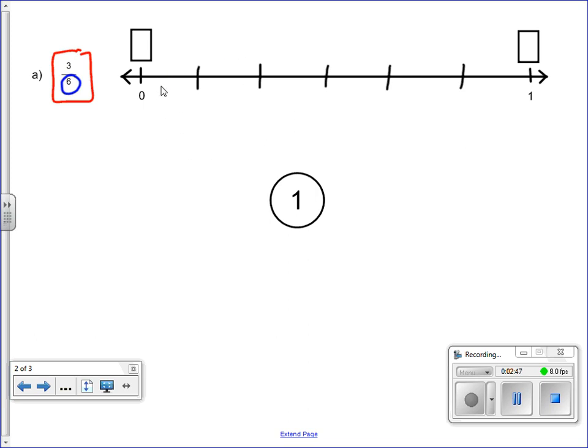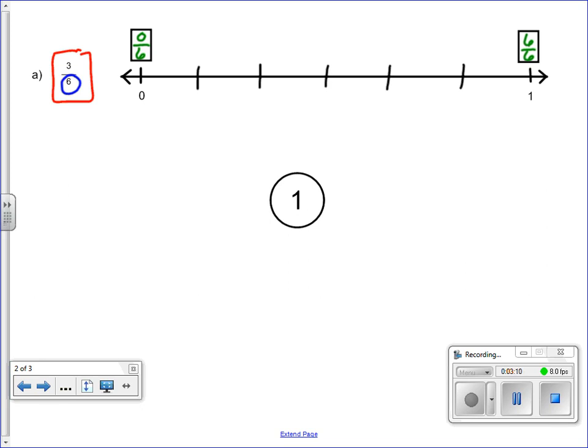I need to label the fractions on this number line. So 0, instead of being 0 now, I'm going to assign it the fraction of 0/6. So 1, or 1 whole, would be equal to how many sixths? That's right, 6 sixths. Now we can go ahead and fill in all of our other fractions.